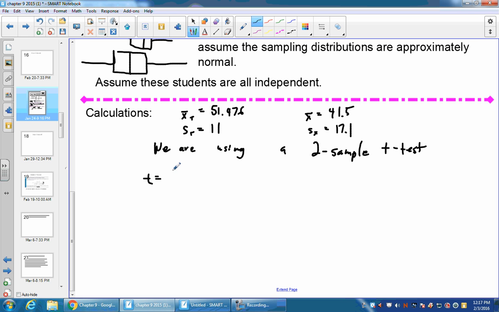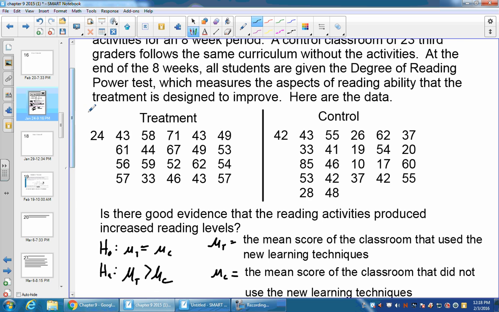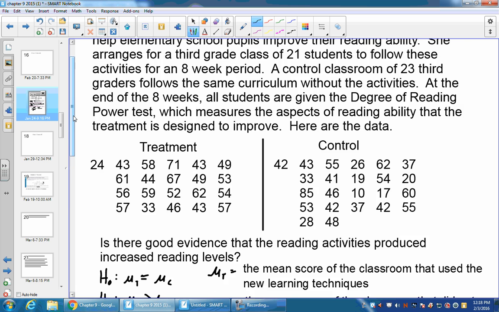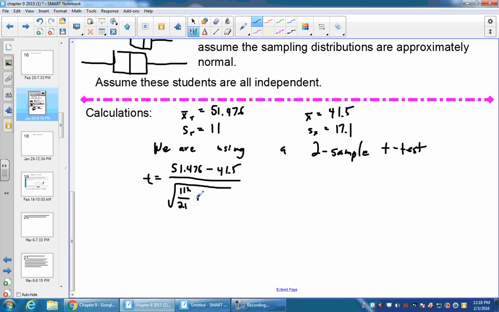Our t-value, we take x1 minus x2 divided by the square root of 11 squared, or s squared, over our n. I think the first one was 21. Go back and check. Yep, 21 and 23, plus 17.1 squared, all over 23.